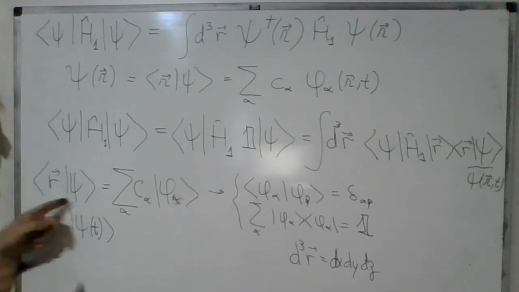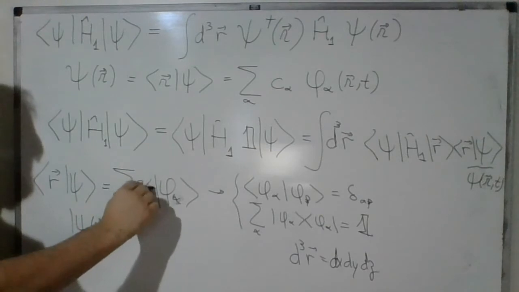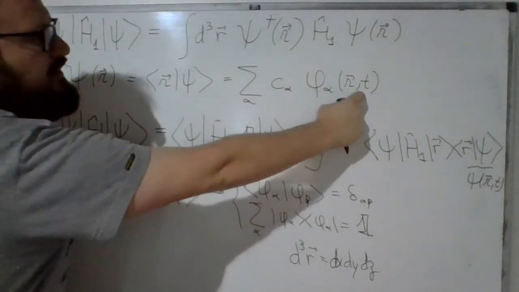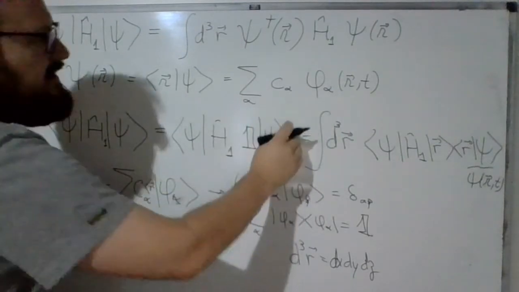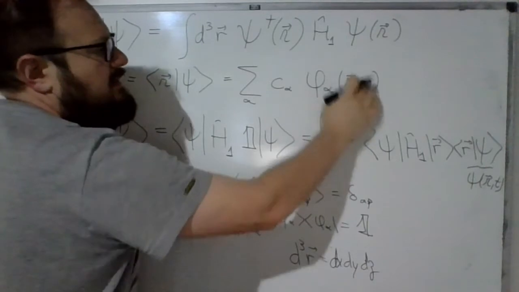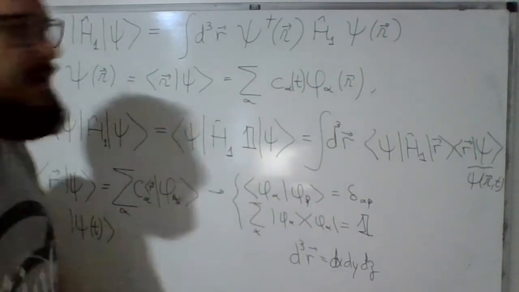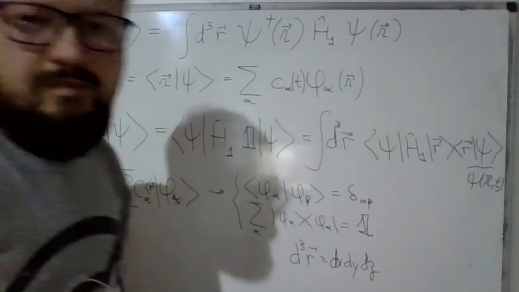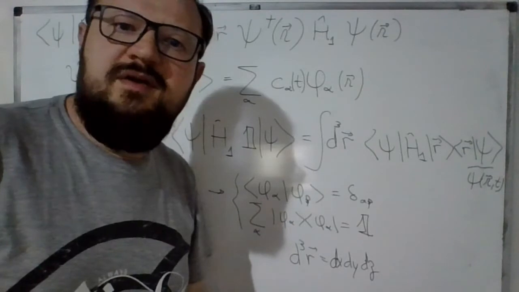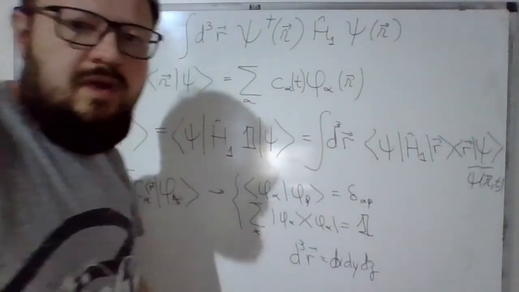So you have the R projected here. This is a complex number. You will project out this thing here, and this is a function depending on position and time. Of course, as I said, you could plug in the time dependence here or in the coefficients. It doesn't matter. You could do it both ways. It's just a method of separation of variables. You could separate the variables however you want.